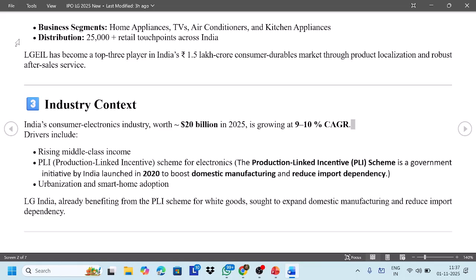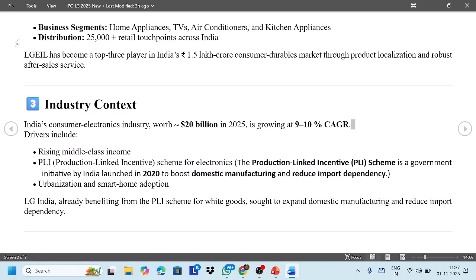Now very important, the justification of the issue price and peer comparison. So now these are the peer comparison. Which are the comparable companies in India, Mahalakshmi? Just read the company names first. LG is the company which we're discussing.